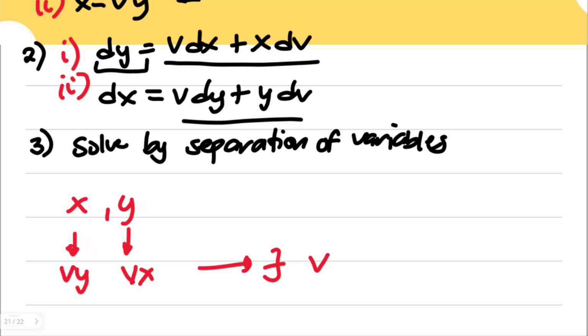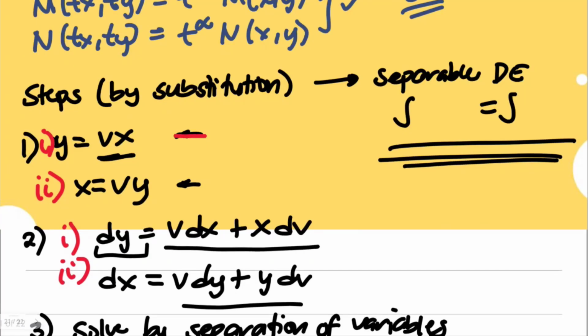In our final form, make sure that when you have v, always return to these expressions so that your v is expressed in terms of y and x or a combination. So for our first consideration, if you choose I, your v is y over x. For the second, your v is x over y.